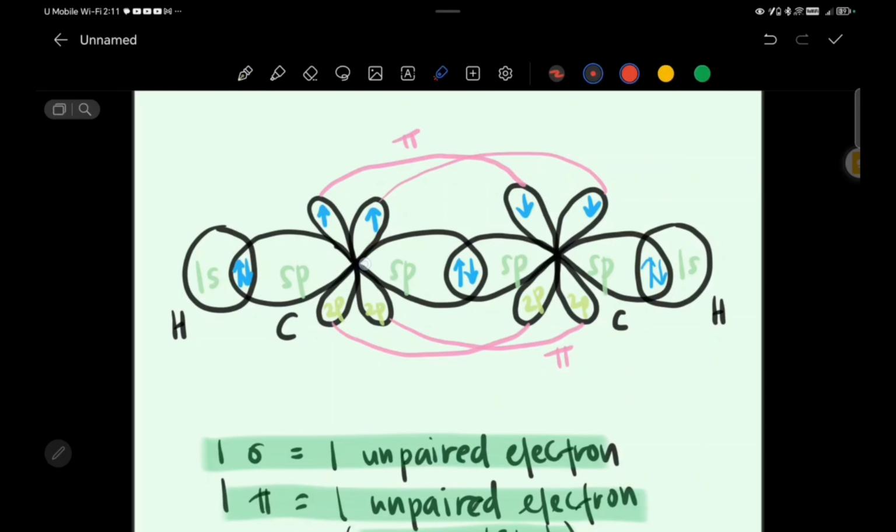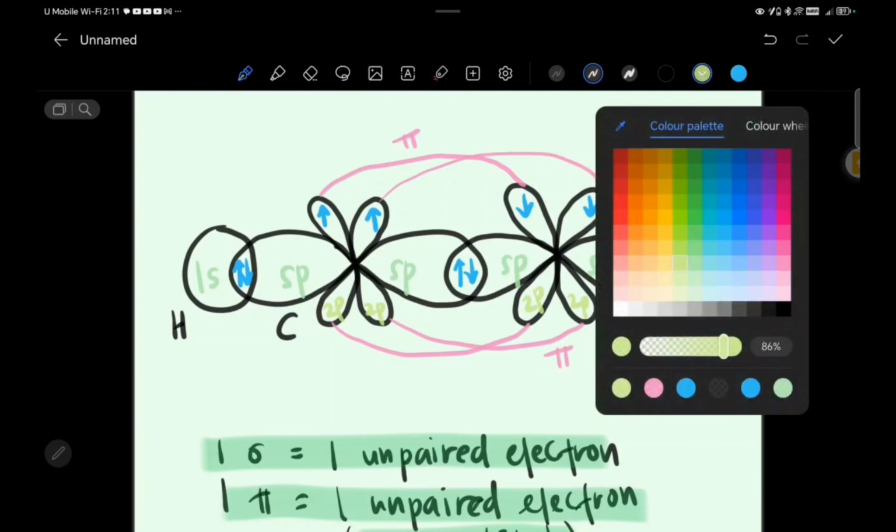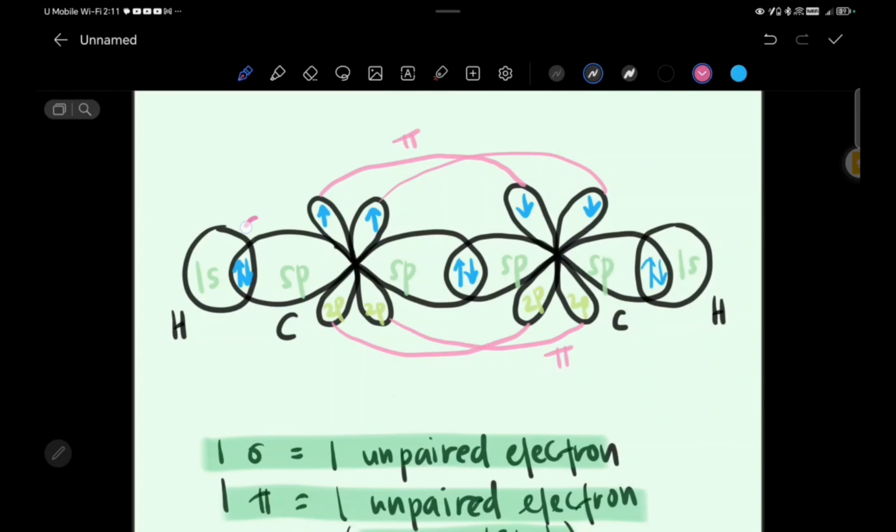So this is the sp for the carbon atom, and this is for the hydrogen, and then we have the pi bonds here. The sigma bond is also here, this is the sigma bond, and this is the sigma bond. Okay.